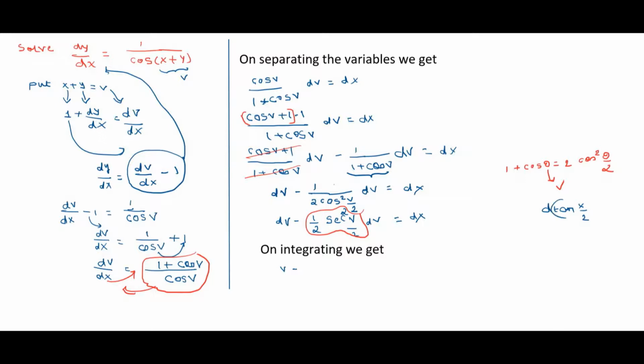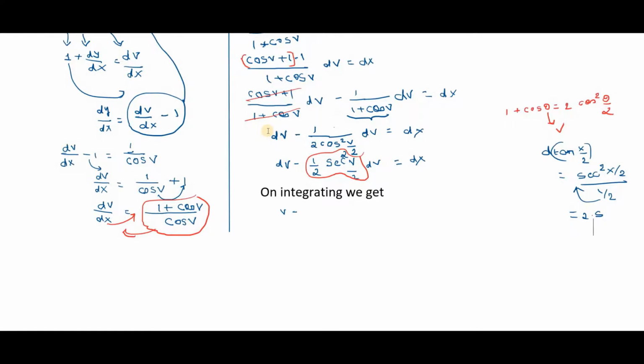Differentiation of tan x by 2 is equal to sec square x by 2 divided by the coefficient of x, which is 1 by 2. If we transpose 2 to the right in the numerator, we can write it as 2 into sec square x by 2.